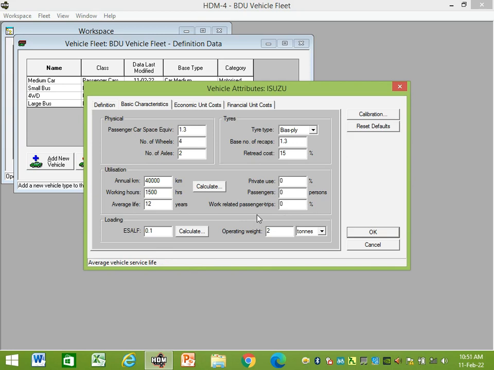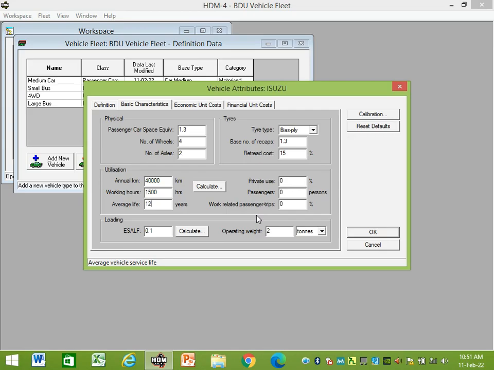Private use: we don't use it, it's a freight vehicle, not for passengers, nothing. So we forget about all the others like private use, number of passengers, work related passenger trips.